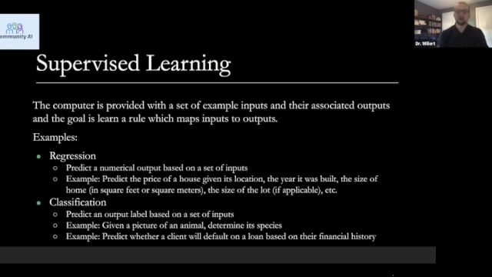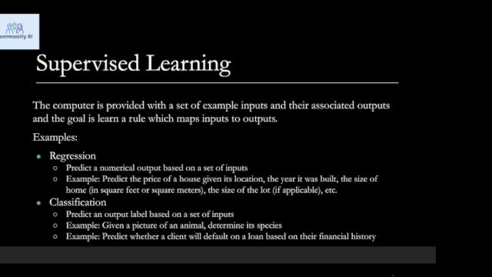It's a supervised learning problem because for each house that we use to train our model, we already have an observed value for how much the house costs. So we take all those historical observations and use them to train the model.